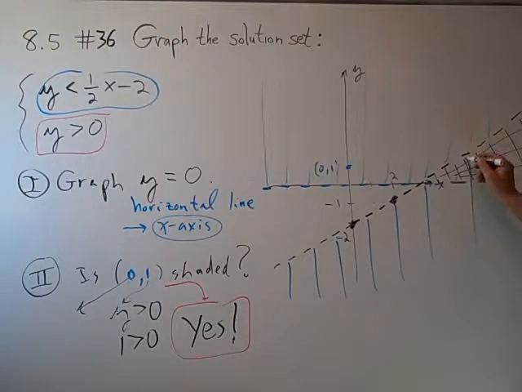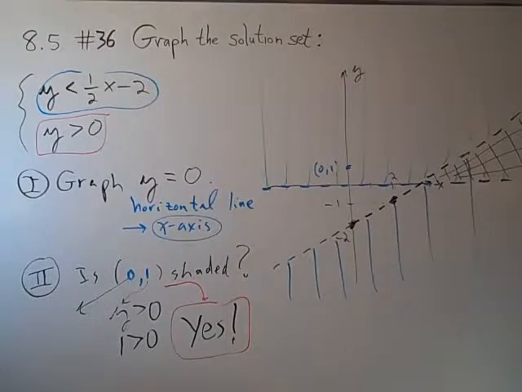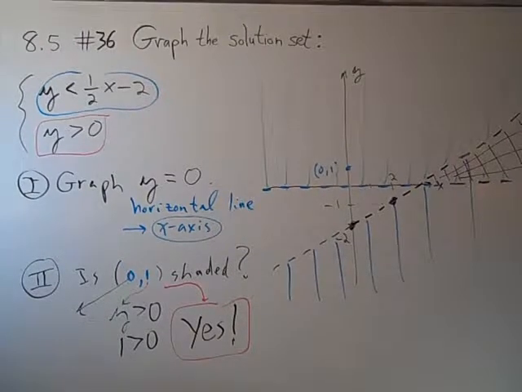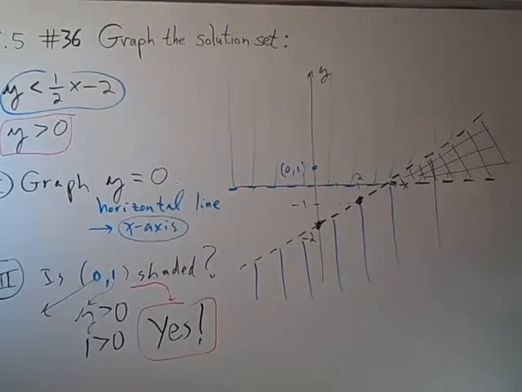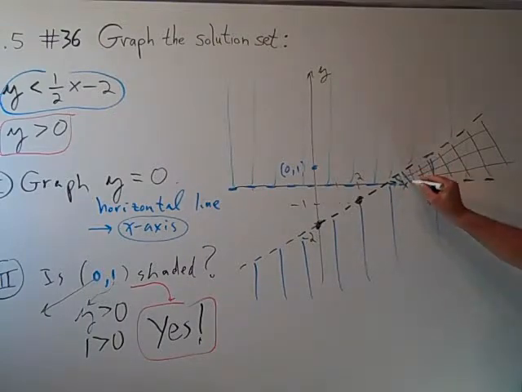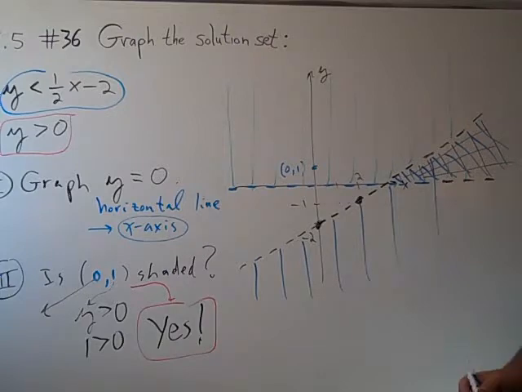Everything in this little wedge bounded by this dashed line on the top and the x-axis as a dashed line on the bottom. That's the solution to this linear inequality. The solution region. All those points.